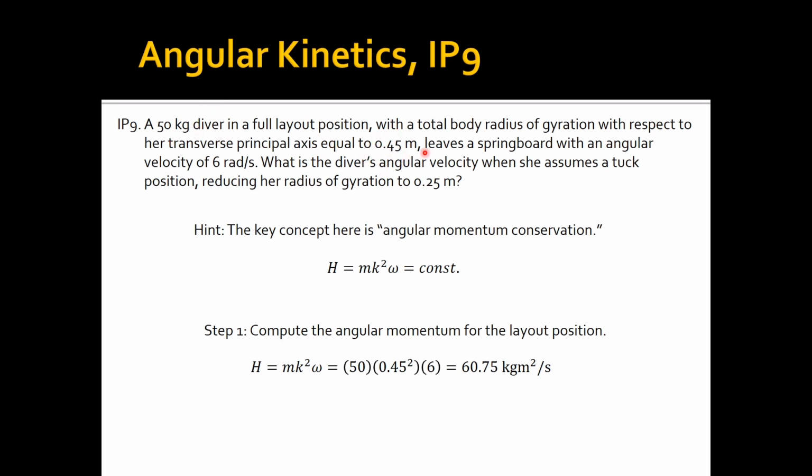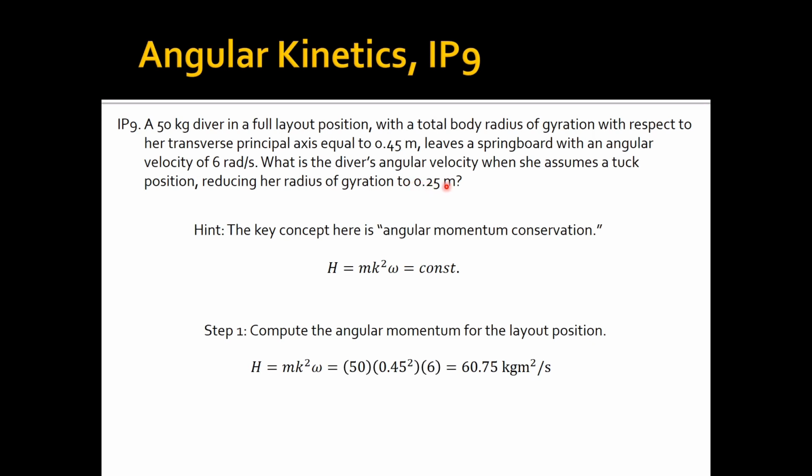She leaves a springboard with an angular velocity of 6 revolutions per second. Her angular velocity is also provided. And what is the diver's angular velocity when she assumes a tuck position, reducing her radius of gyration to 0.25 meters?